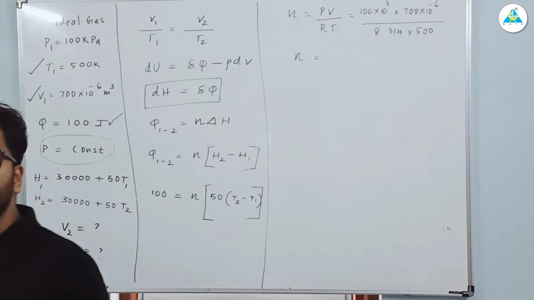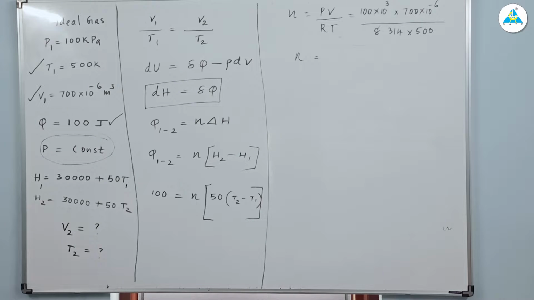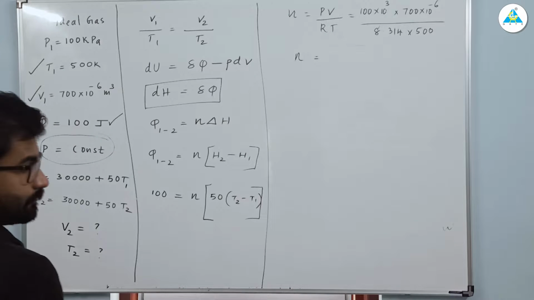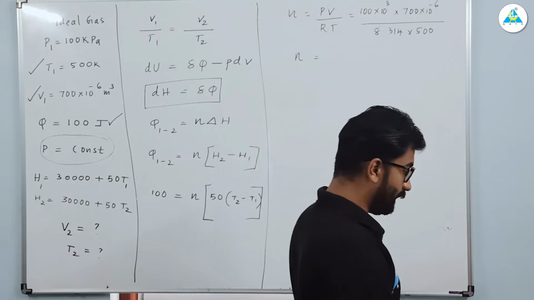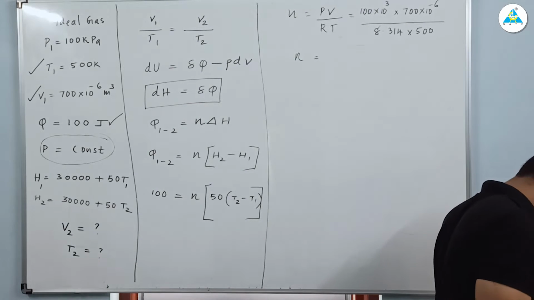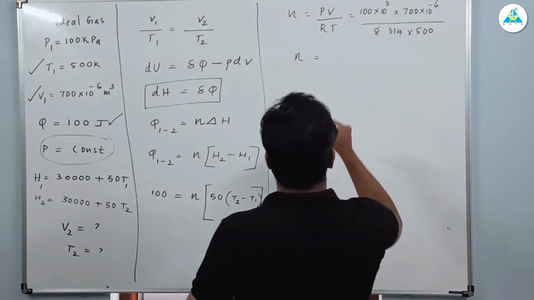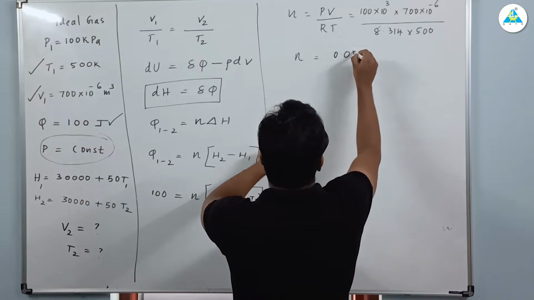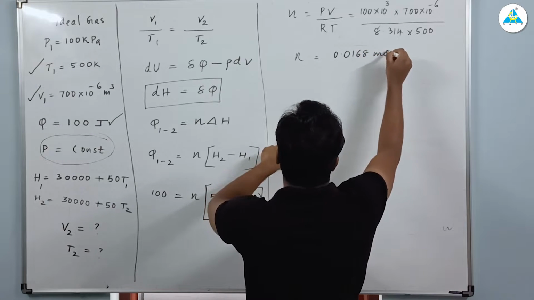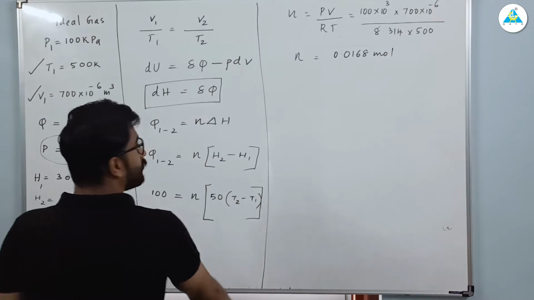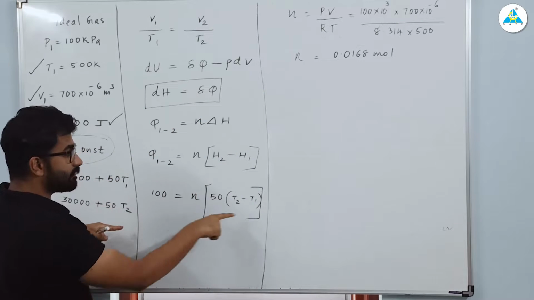Okay? So always in the question you have to check whether they have given number of moles equal to 1 or not. If 1 is not given, then you have to calculate the number of moles. Clear? So solve and find the value of number of moles. I think the answer for number of moles is 0.0168 mole.